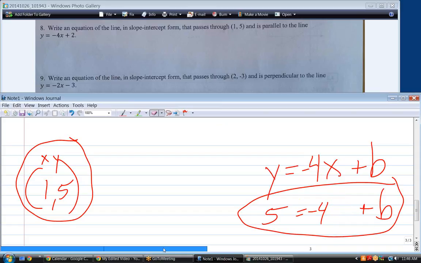And then you would add 4 to both sides. So what's b equal to? You're going to add 4, so it'd be 9. 5 plus 4 is 9.